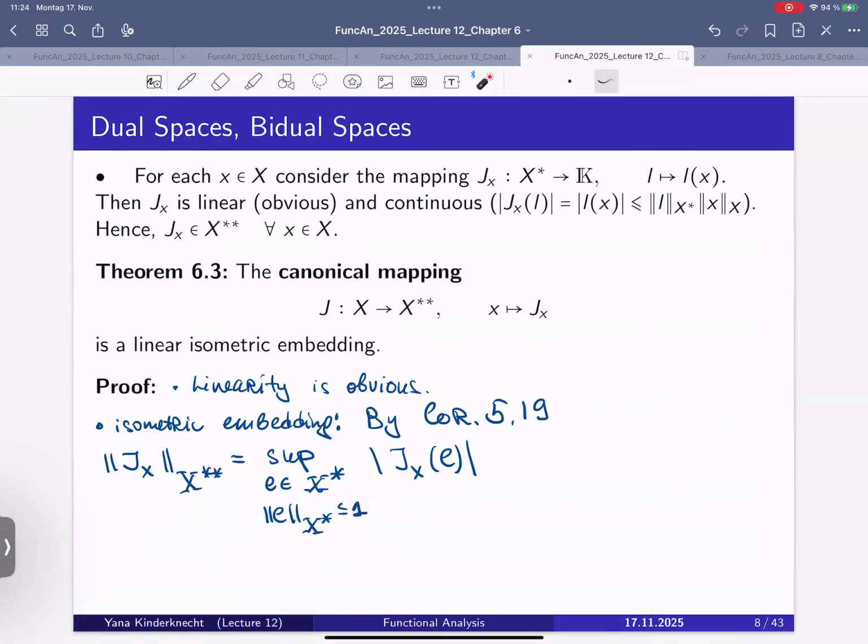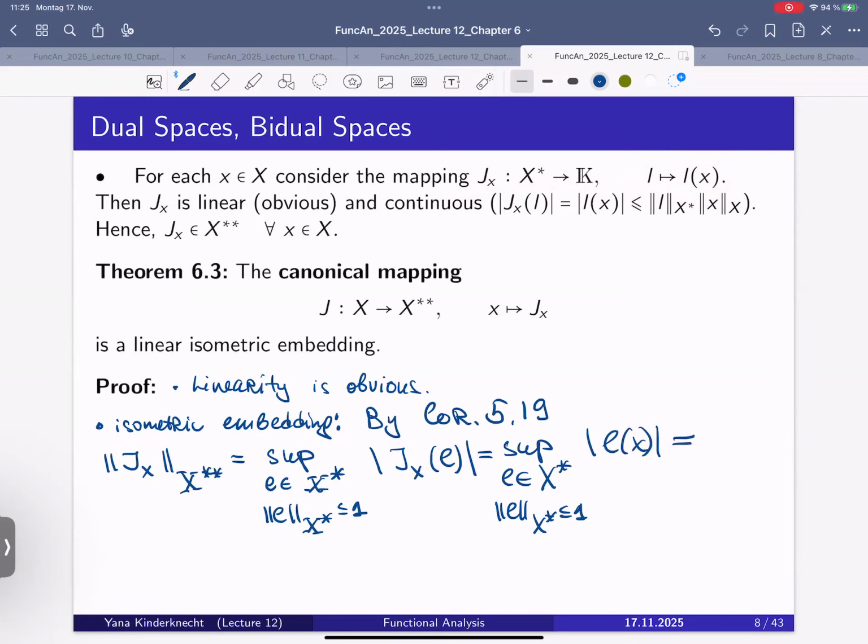So this is just the definition of a norm of a linear functional. Now I use the definition of this linear functional, just insert what it is. This is just L of x, so this is the absolute value of L of x.